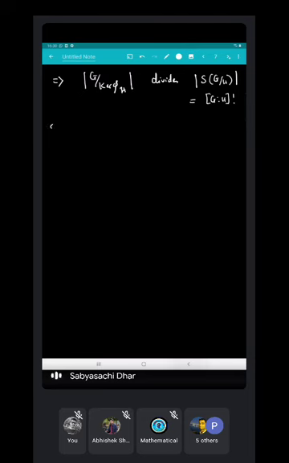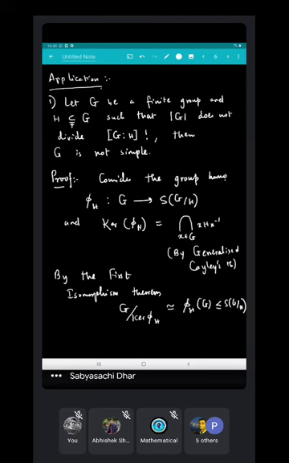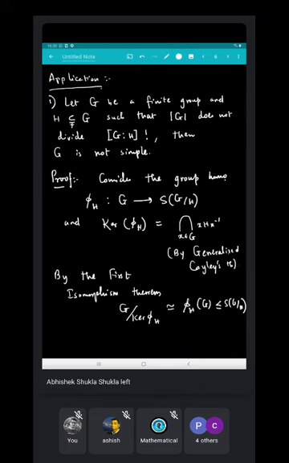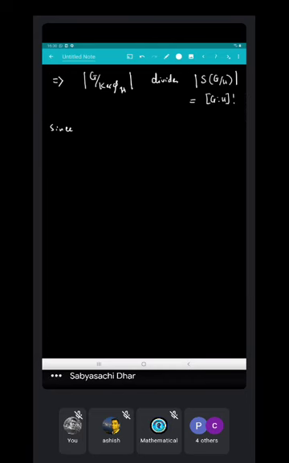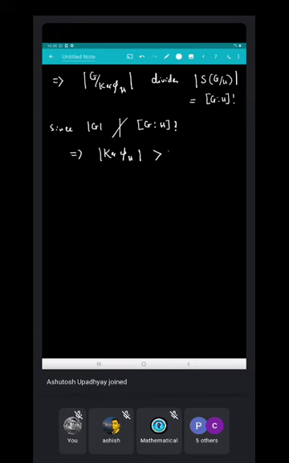And since the order of G does not divide the index of H in G factorial, this implies that the kernel of phi_H is greater than 1.